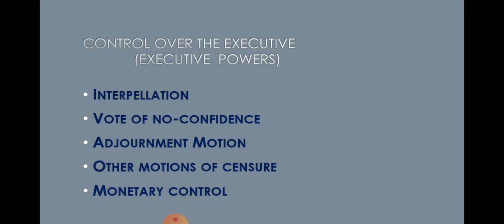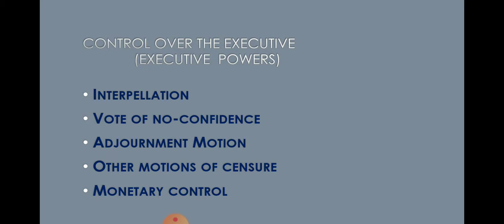Then the fourth one is other motions of censure. The Parliament exercises its control over the government by other motions of censure. If these motions of censure are passed, it is equal to the passing of a vote of no confidence. Once these motions of censure are passed, the ministry has to resign collectively.